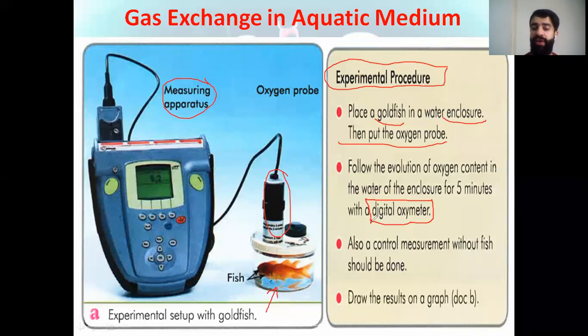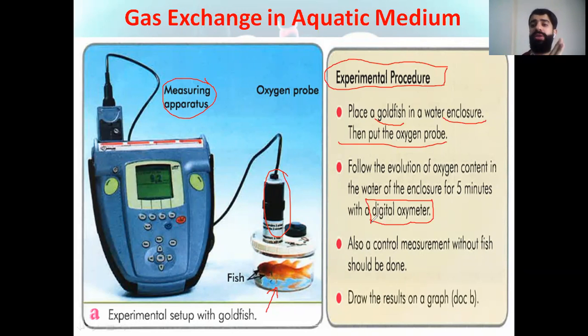The function of this oximeter is to measure the amount of oxygen gas. Also, we have a control measurement without fish that should be done. So here we have two experiments, one with a fish and the second one without a fish.